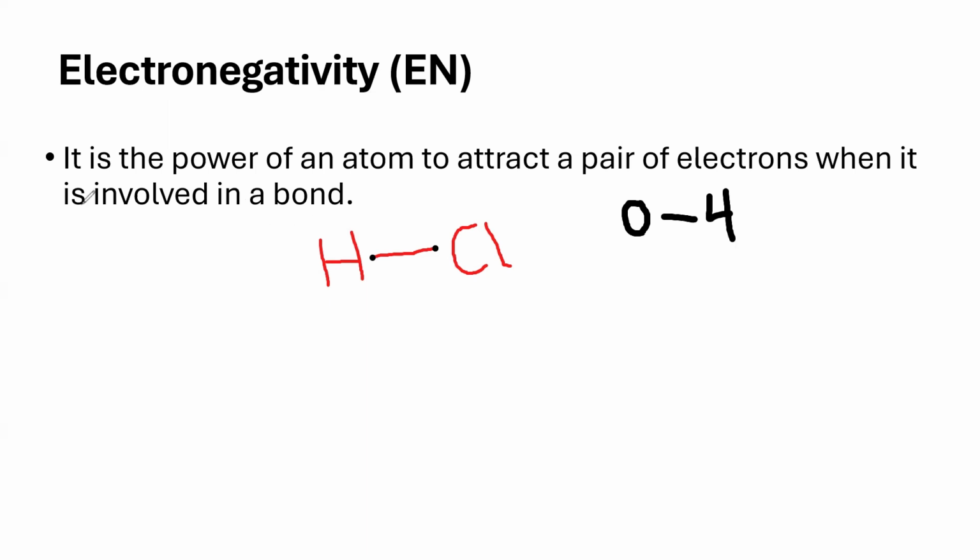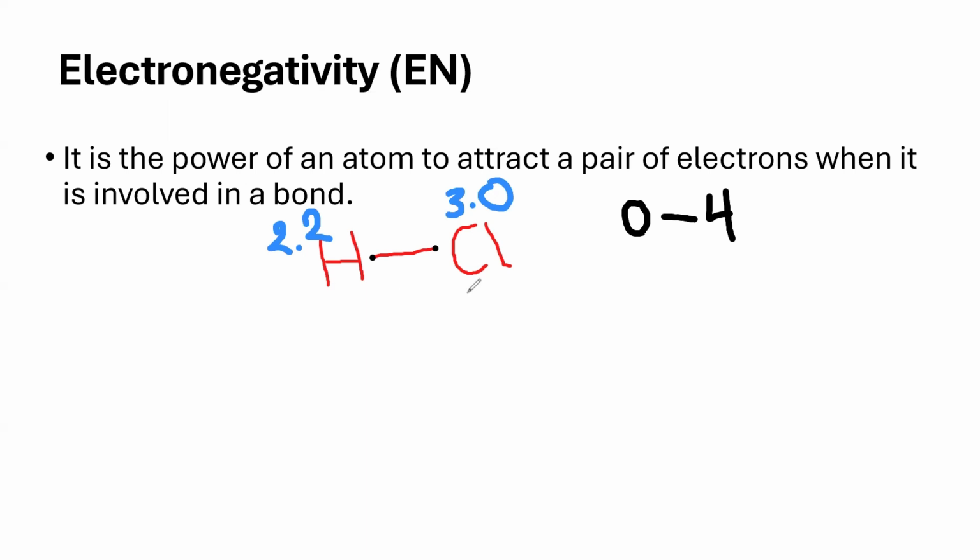For example, hydrogen has an electronegativity of 2.2, while chlorine has an electronegativity of 3 or 3.1. Anyway, chlorine has a higher electronegativity value, which means chlorine has more power to attract electrons. So chlorine will take the pair of electrons for a longer time than H will.